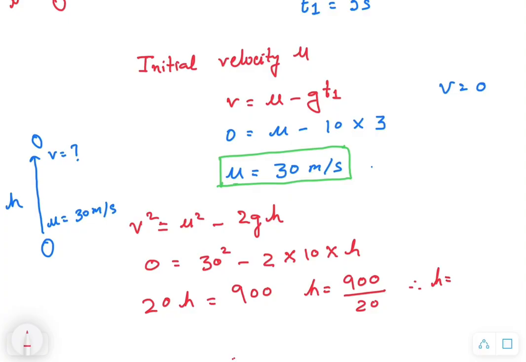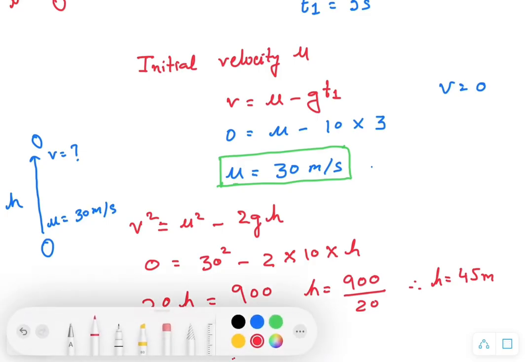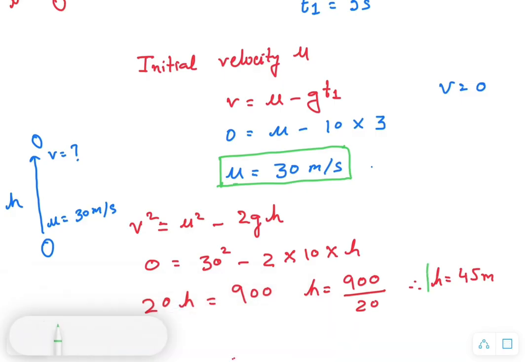Therefore, h would be 45 meters. The maximum height to which the ball reaches is 45 meters, and the initial velocity with which it was thrown vertically upwards is 30 meters per second.